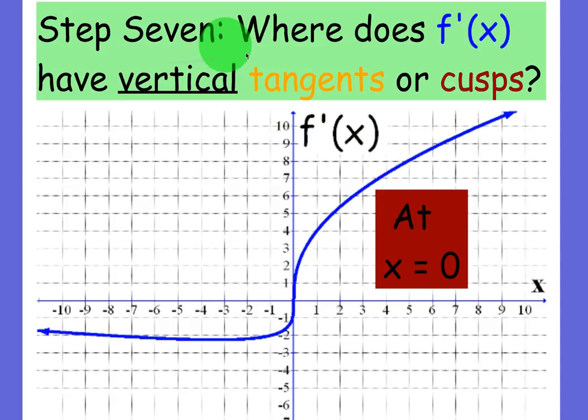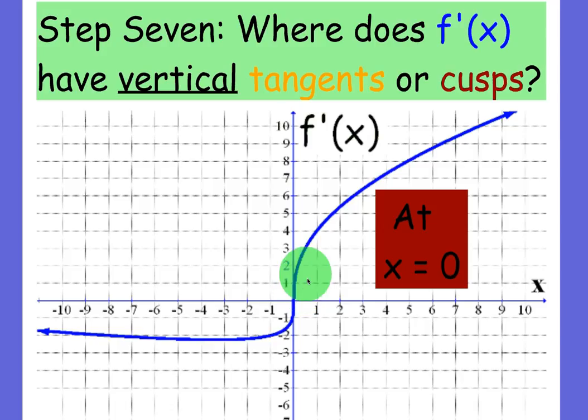Okay, next, where does f prime of x have vertical tangents or cusps? At x equals 0, we have a vertical tangent for f prime of x. So what do you think that's going to mean for the second derivative? Remember that the second derivative is the slopes of the tangent lines of the first derivative. Since it has a vertical tangent here, the slope of the tangent line basically approaches infinity from the left and right.